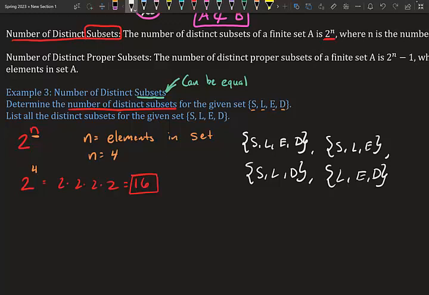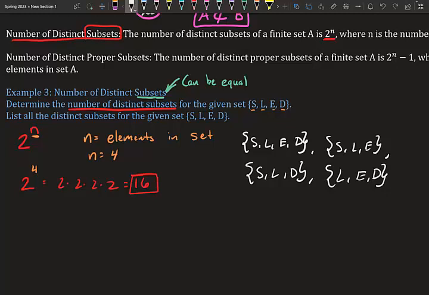So if you look, we put all of the threes together, SLE, SLD, and then LED. Just for reference, LED and DEL mean the same thing. The order doesn't matter. They're just the members we're talking about. So we have all of our triples.